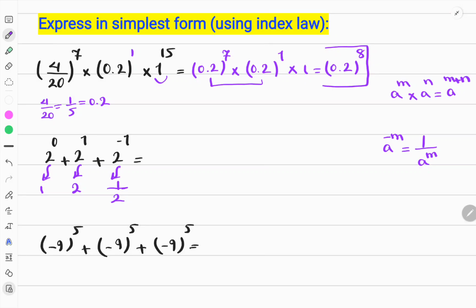In fact, we just need to find the reciprocal of 2, which is 1/2, and raise it to the positive 1. Okay, so we will have 1 plus 2 plus 1/2, which gives us this mixed number, and you can convert it to a fraction. 3 times 2, 6, plus 1 is 7 over 2.